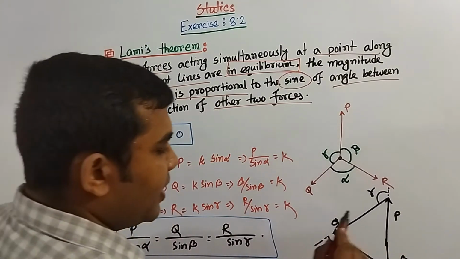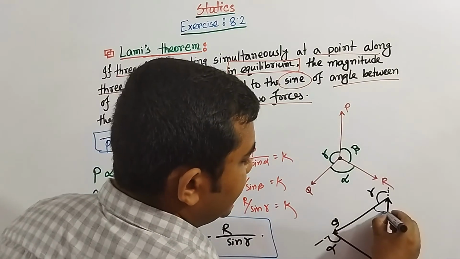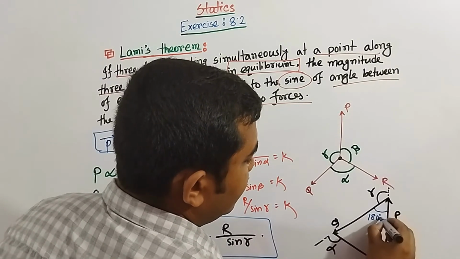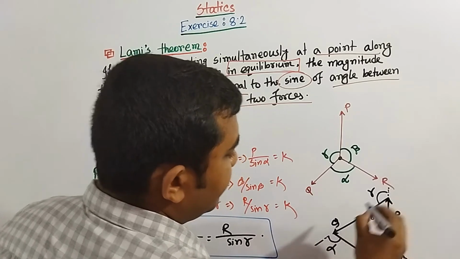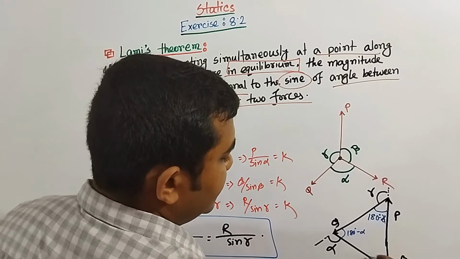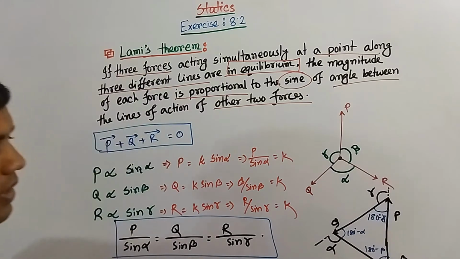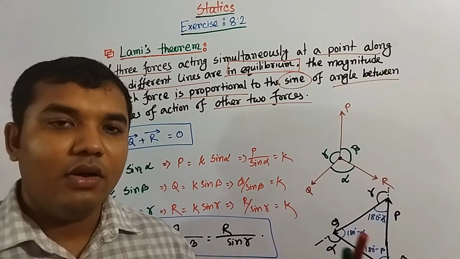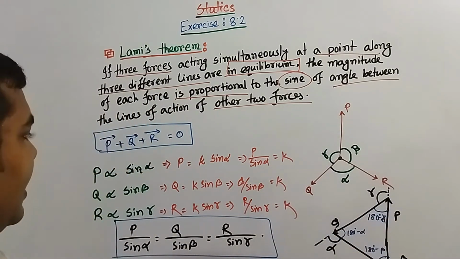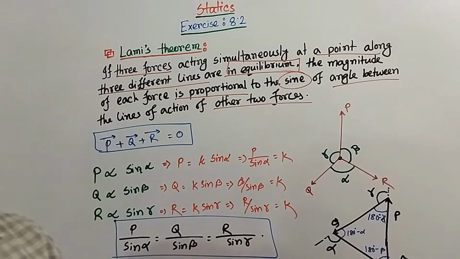Okay, from here we can write the triangle's angles as 180 degrees minus alpha, 180 degrees minus beta, and 180 degrees minus gamma. Okay, from here we can write another line. I am erasing up to this part because you have already understood it, but this line will remain. Okay, and from the triangle what can you write?